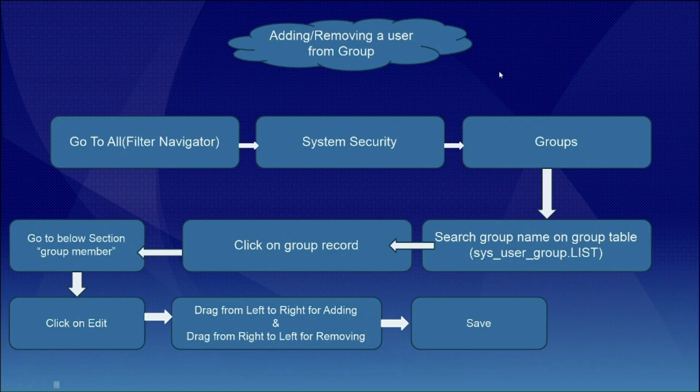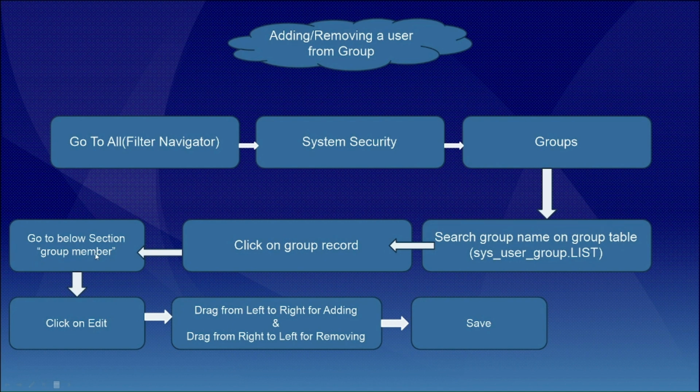My sixth point, how can we add or remove a user from a group in ServiceNow. Just go to All, type system security. Under system security you can see the groups module. Open the group module, and now you can see the group table. Under the group table, search the group name, click on the group record, and go to the section below where you can see the group member.